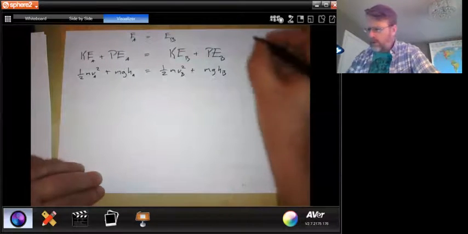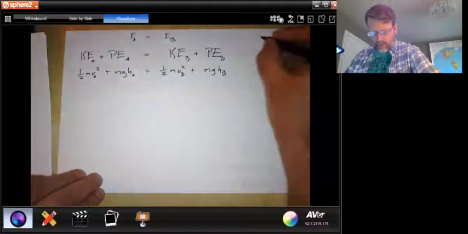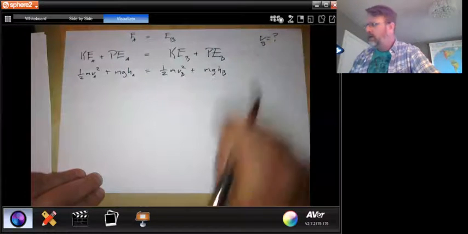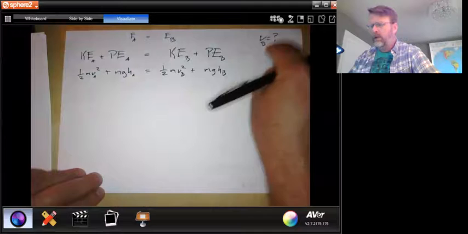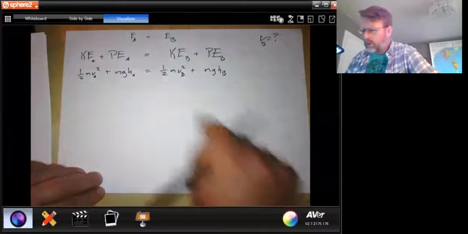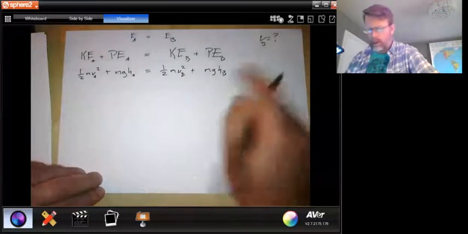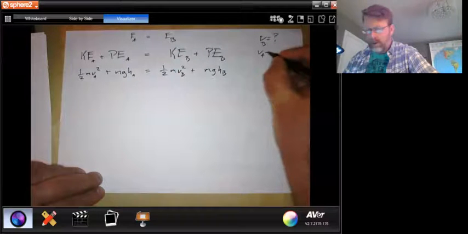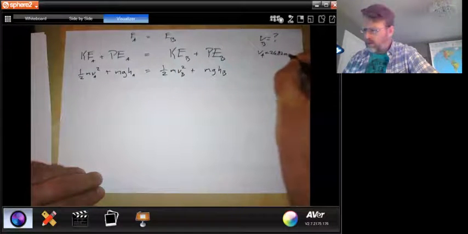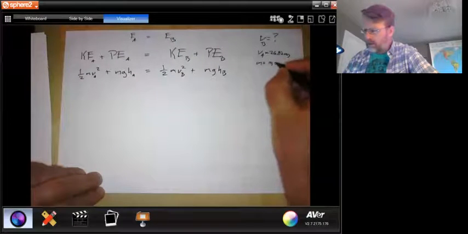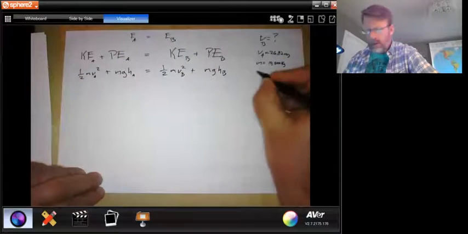Okay, so remember our goal here is we are trying to find out what the velocity is. That is our goal. So we're trying to find out this one, and we're going to see what we already know. Well, we already know that this was 26.82 meters per second. We know that mass equals 10,000 kilograms.